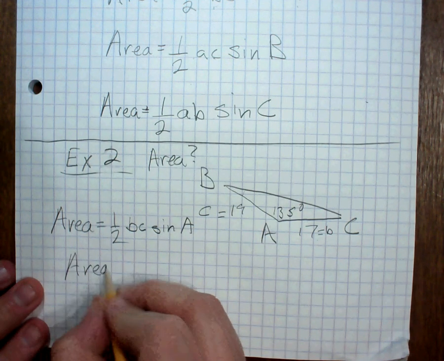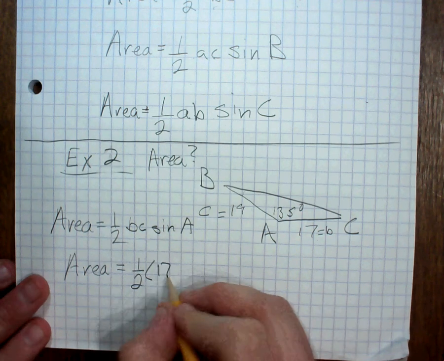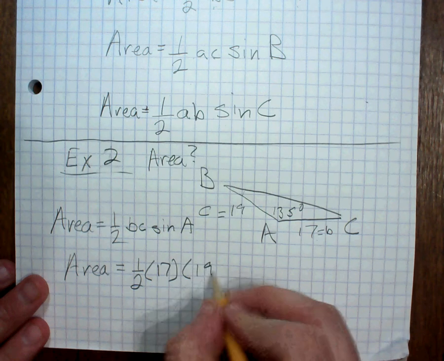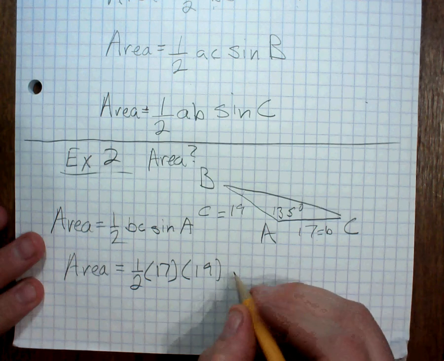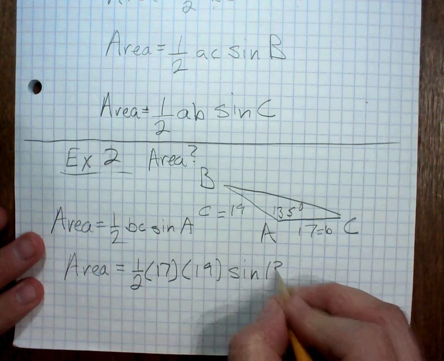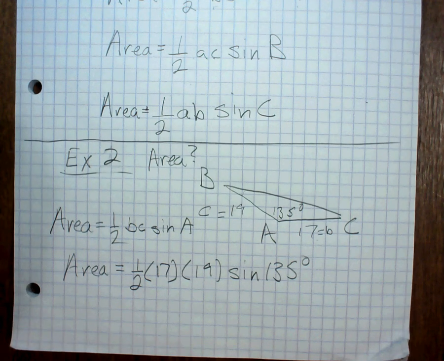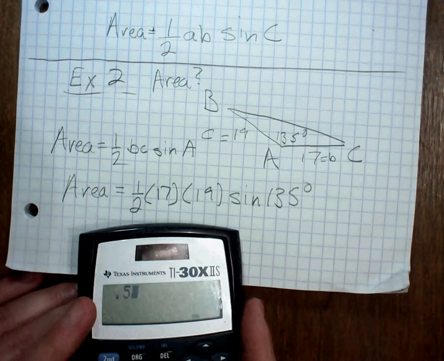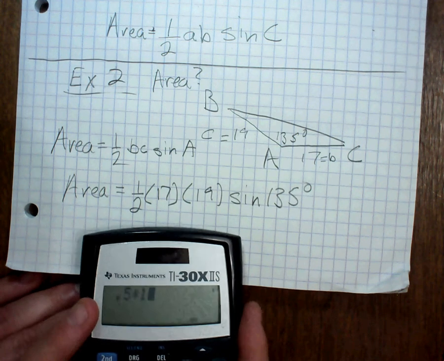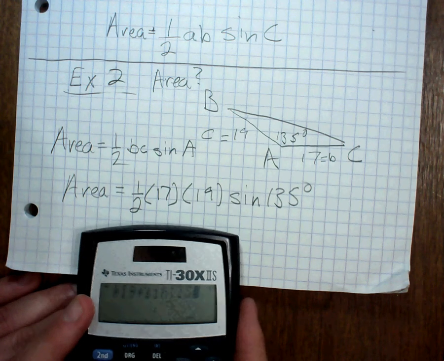So now it's just plug and chug. My formula for the area of this triangle is equal to 1/2 times B, which is 17, times C, which is 19, times sine of A, which is 135 degrees. So let me go through here and do this real quick. So I'm going to say 0.5 times 17 times 19 times sine of 135.